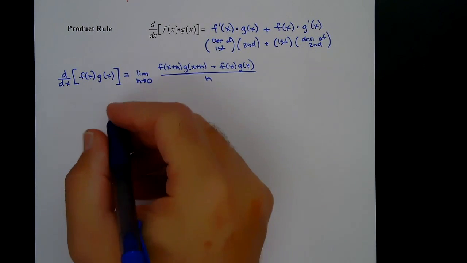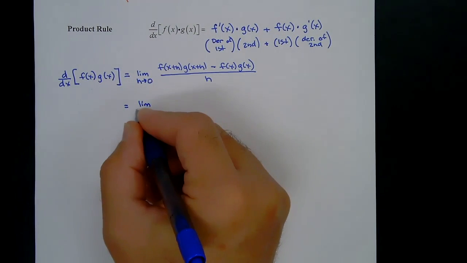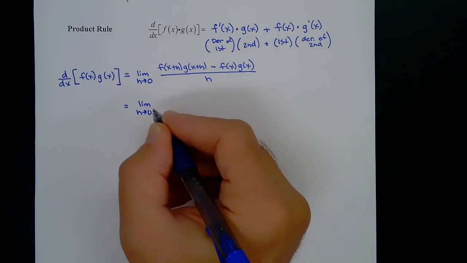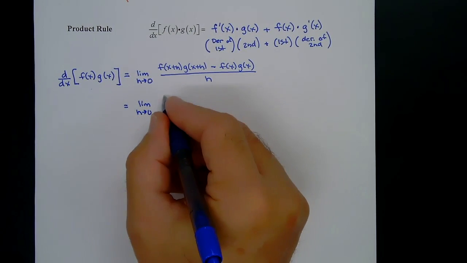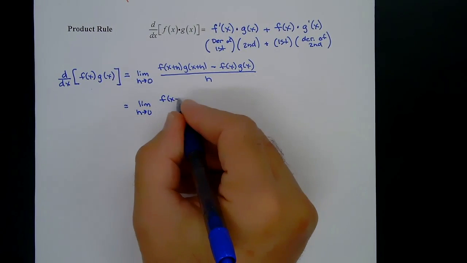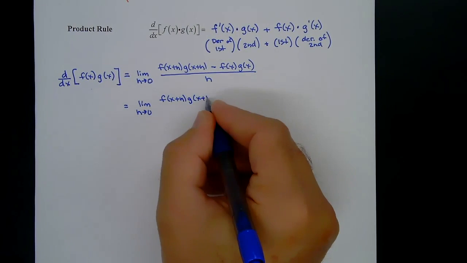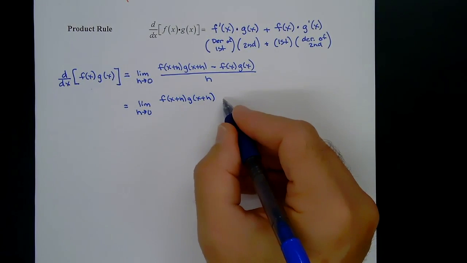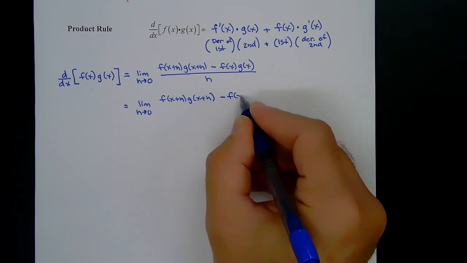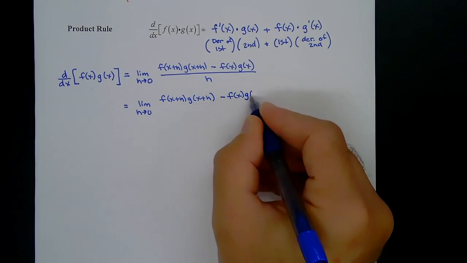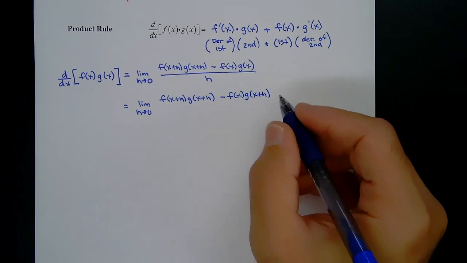So this is equal to the limit as h approaches 0 of f of x plus h, g of x plus h. Okay, and then what I'm going to do is I'm going to remove f of x, g of x plus h, but I'm also going to add it.